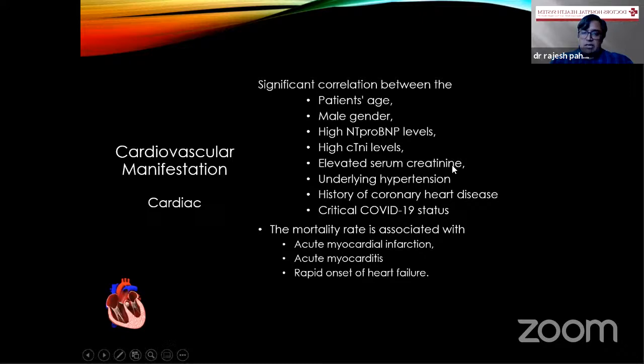So there is a significant correlation between patient age, male gender, high NT-proBNP levels, high troponin levels, elevated serum creatinine, underlying hypertension, history of coronary heart disease, and a critical COVID-19 status with the chances of cardiac injury. The mortality rate is mostly associated with acute myocardial infarction, acute myocarditis, and the rapid onset of heart failure in COVID-19 patients.